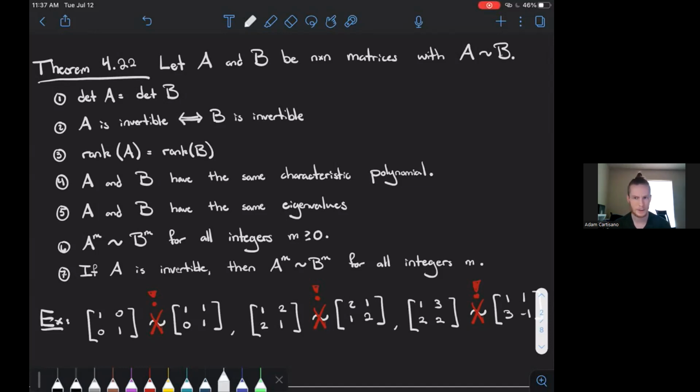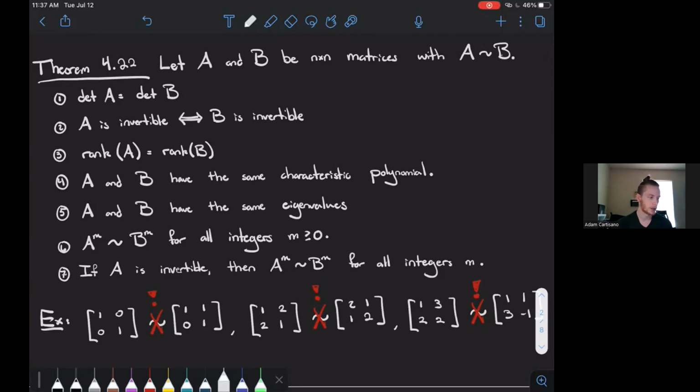Yeah, a bunch of really, really useful facts about similar matrices, and you can use those facts to quickly determine whether certain matrices are not similar.